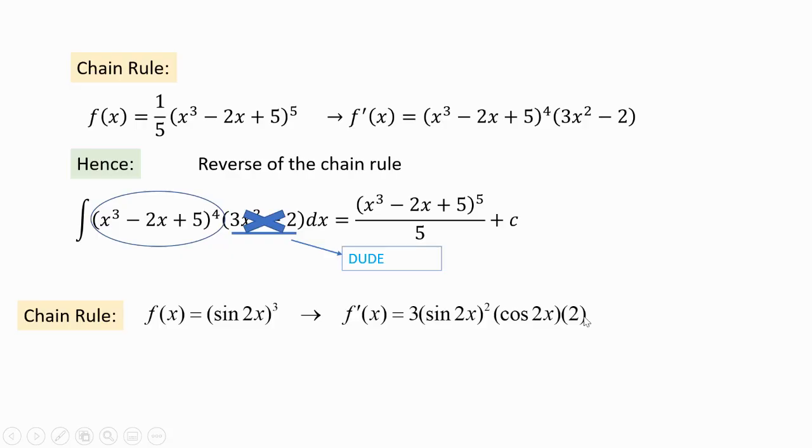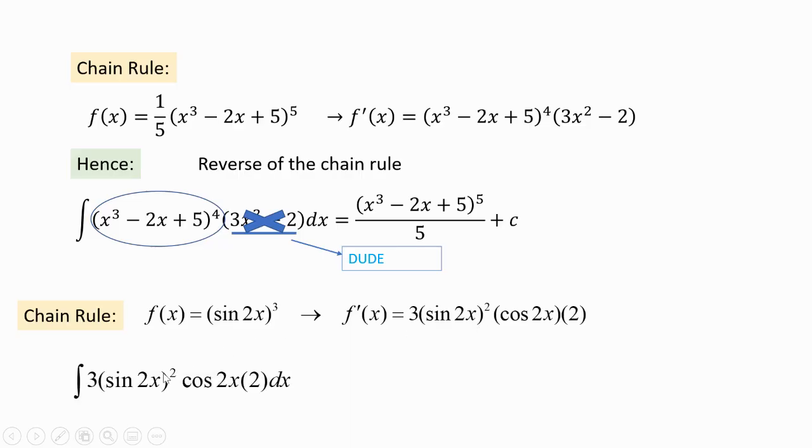What we would like, to be able to work backwards, is to have the derivative of the angle, the dude, next to it, so that we can ignore this part and work backwards.